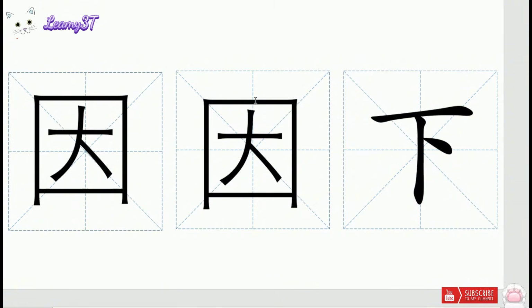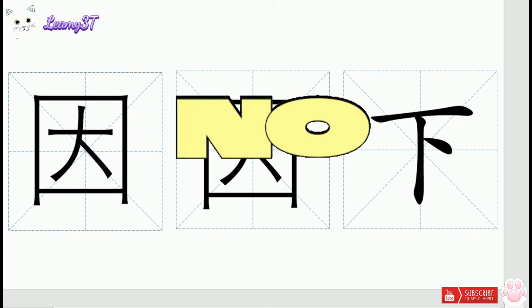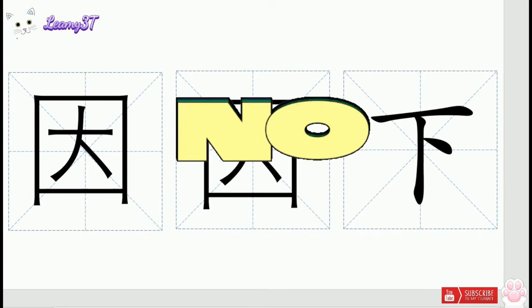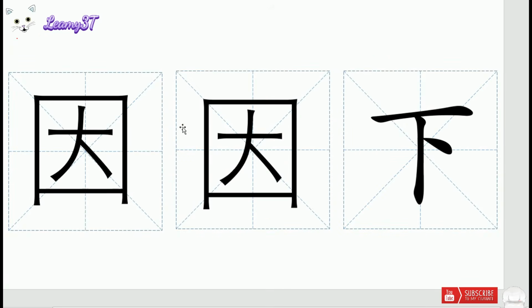If you don't practice within the grid, your characters may end up uneven in size or shape. So maybe you will end up writing like this.